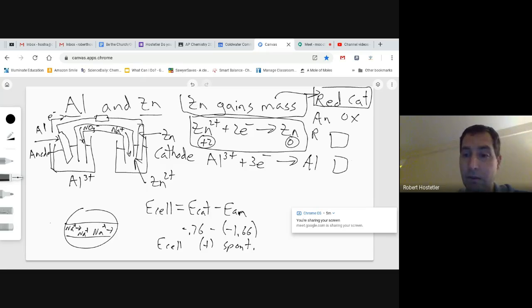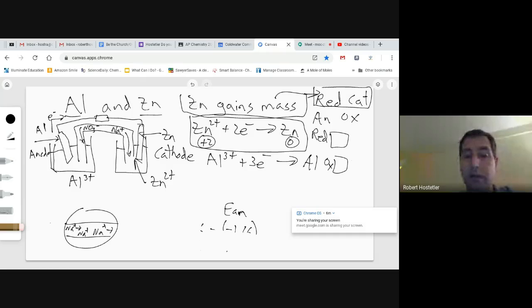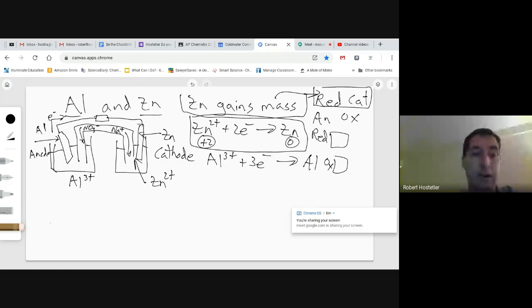If the zinc is reduced, the aluminum has to be oxidized, so we need to write it as an oxidation. Whenever you do the overall equation for the reaction, you're going to have to reverse the anode, or the one that gets oxidized. So we're not going to write it like this. We're going to write Al arrow Al3+ plus 3e-.